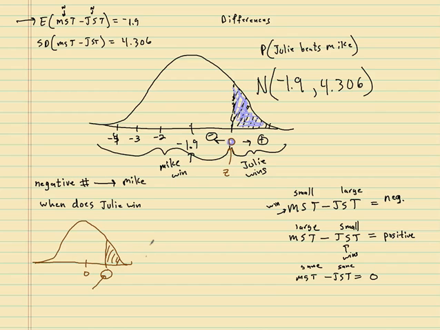And the way you do that, z equals the number we're looking for, 0 minus negative 1.9, divided by 4.306.